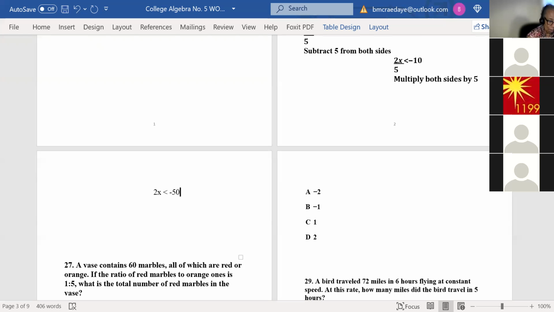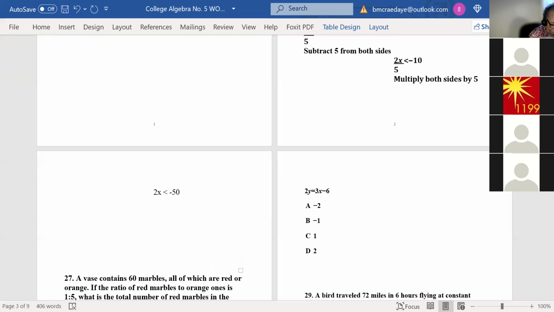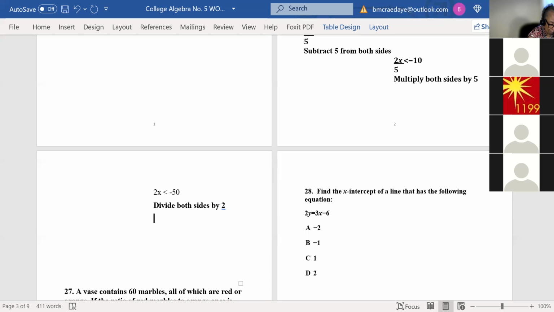What are you doing here? Divide by 2. That's right. Divide both sides by 2. And what do you get, Audrey? X less than what? 25.